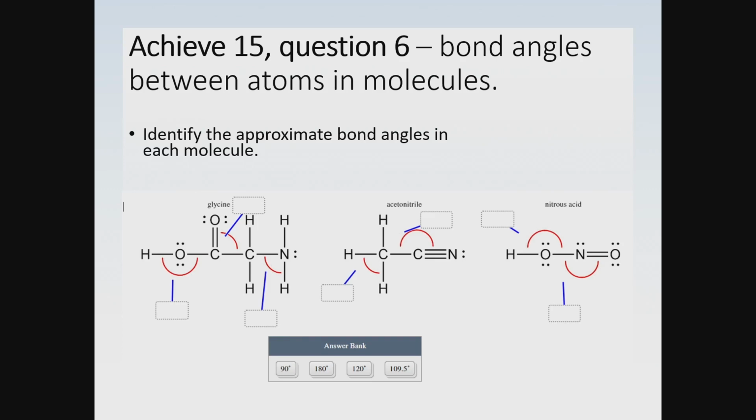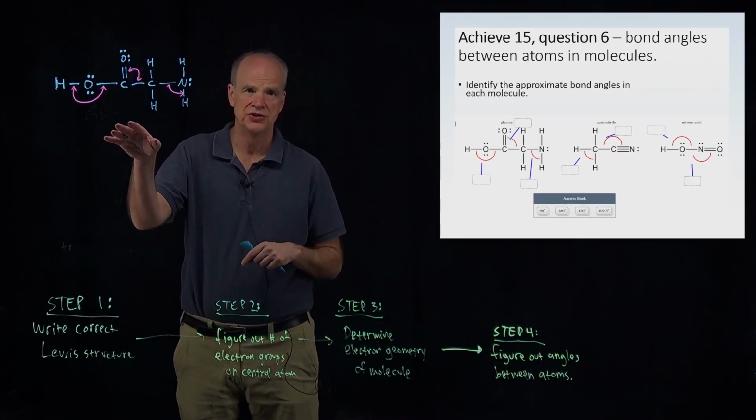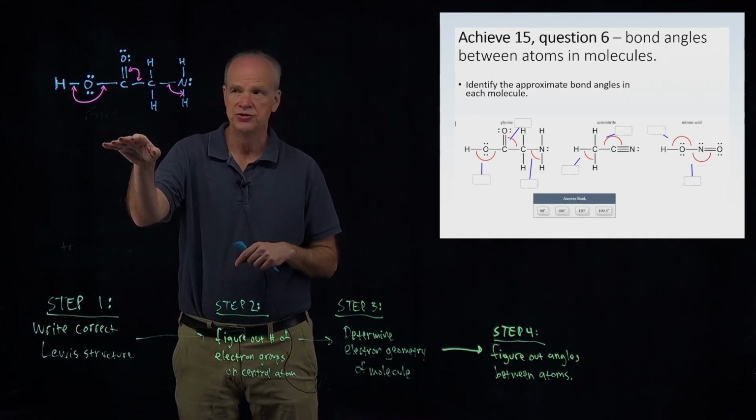In the first molecule to the left, you have to find 3 bond angles. The middle molecule, you'll have to find 2 bond angles, and the one on the right, you have to find 2 bond angles. Okay, if I can reduce the slide. So what I'm going to do is the first molecule, and then I'm going to let you guys do the rest.